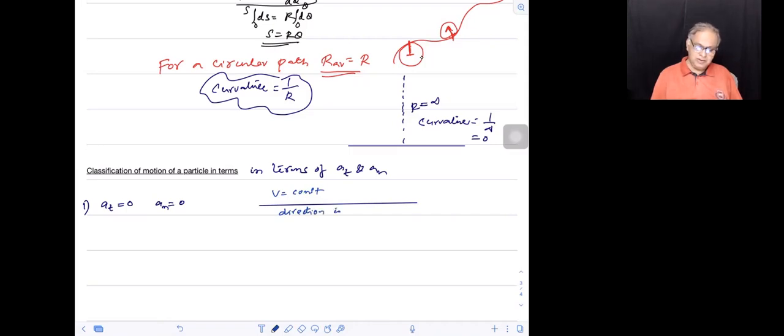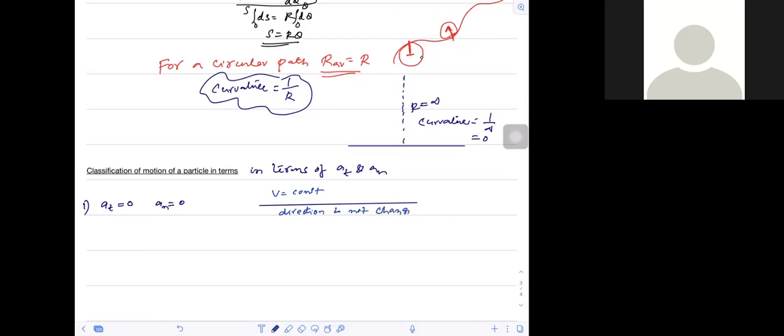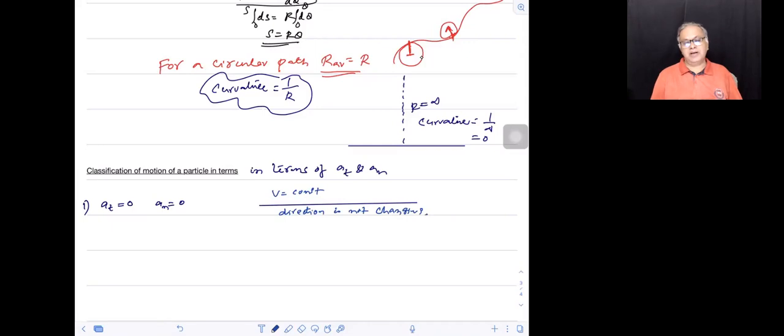Direction is not changing, therefore it is straight line motion with a constant speed. I need not write it again because I'm showing the straight line there.